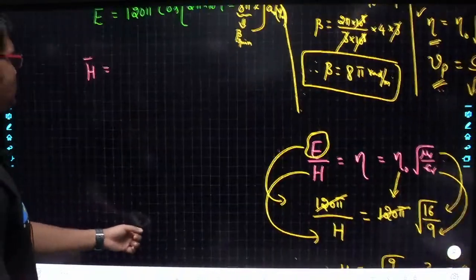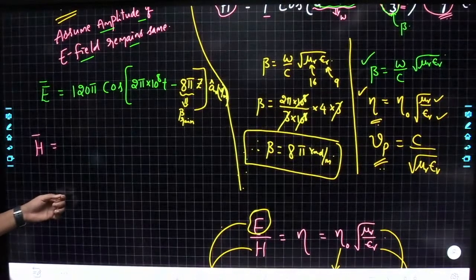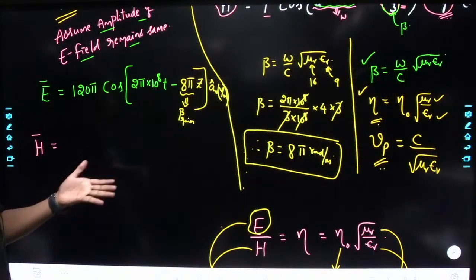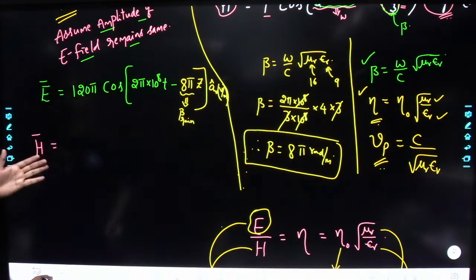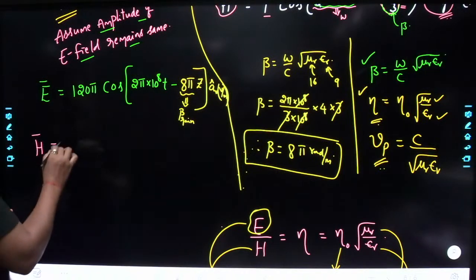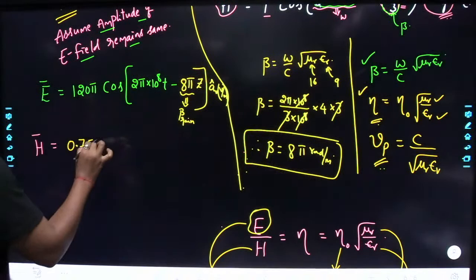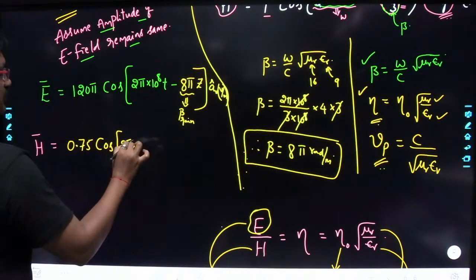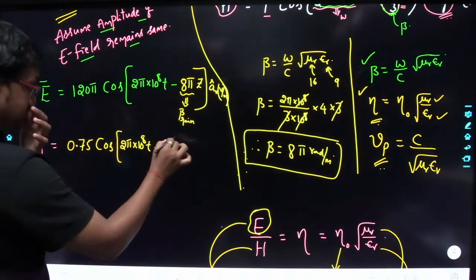Therefore I can write, due to heavy rain, the amplitude of magnetic field has been changed. So what is the amplitude of the magnetic field we got? We got it as 0.75 into cos of, frequency will remain same, that is 2 pi into 10 to the power of 8 t minus.